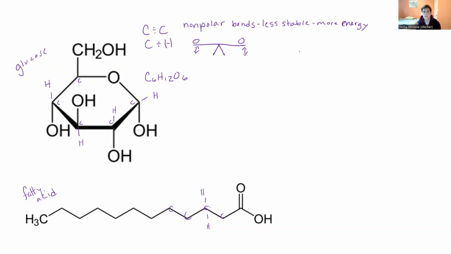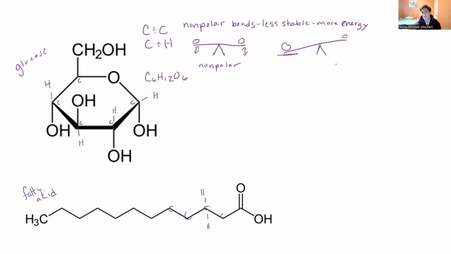That's in comparison to a polar bond. So this is nonpolar. If you had a seesaw and something or somebody much heavier than the person on the other end, what you would find is that it's just going to be sitting on the ground, and this side is just going to be up.